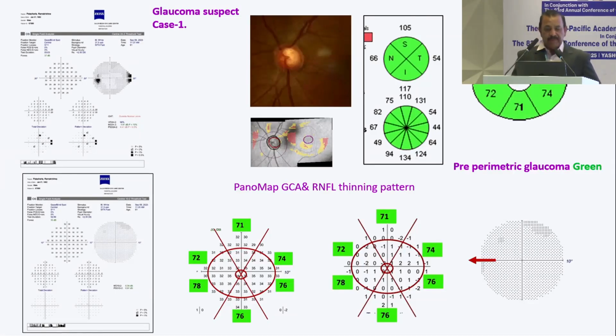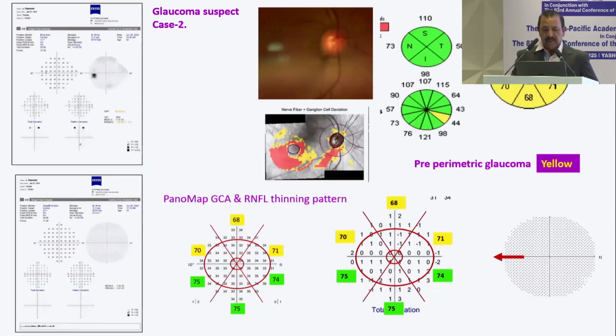Even though it is all green, in the Panama you can see the arcuate pattern. That is the main indication to diagnose glaucoma in a glaucoma suspect. That is actually perimetric glaucoma, green. In this case, the visual fields are normal.